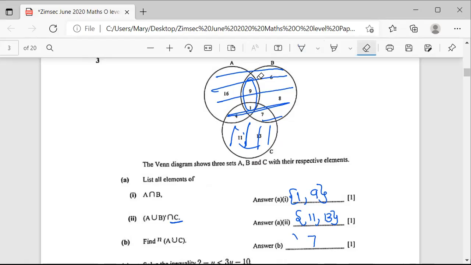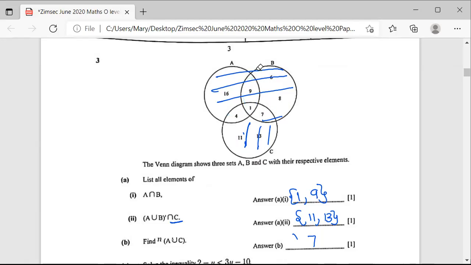Let me erase this. We want A union C. I did A union B. They want A union what?